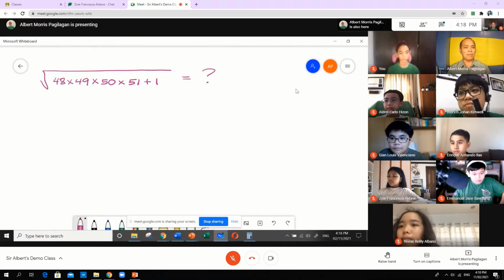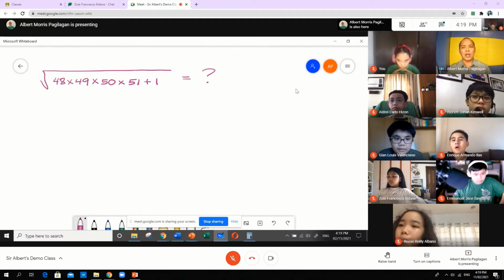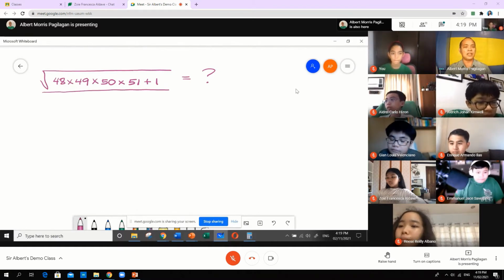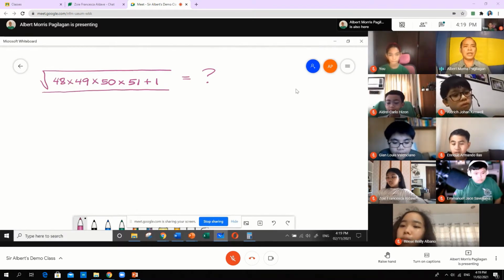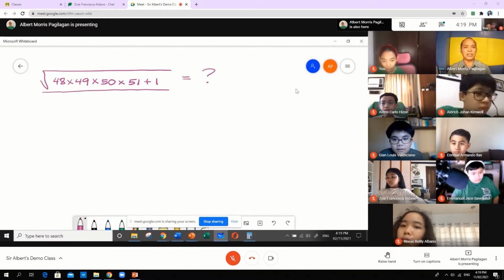Some of you employed estimation, and I think that's also a very good technique here. But if you would remember my title for this one, this is really about pattern making. You see, when you are faced with a seemingly complex number such as this, it's complex because the numbers are too big. What we can do is maybe we can try to understand things here by working with patterns.